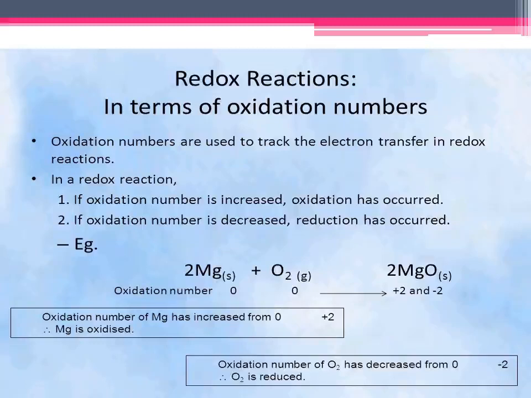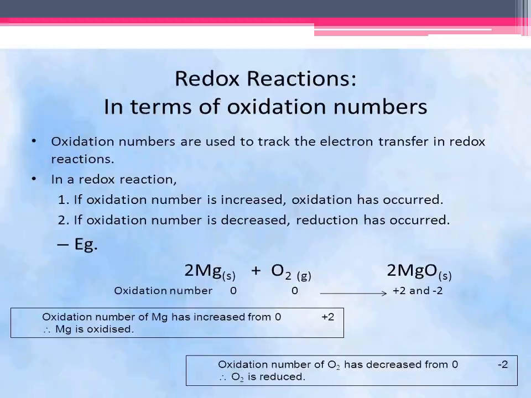See here, example: 2 Mg plus O2. Here the oxidation number of Mg is 0 and the oxidation number of O is 0. By calculating, in each and every compound, they are not having the same oxidation number. They are having different oxidation numbers. So in 2 Mg, the oxidation number is 0.